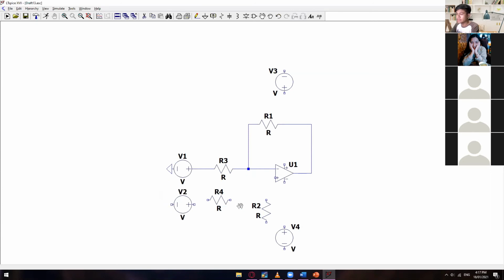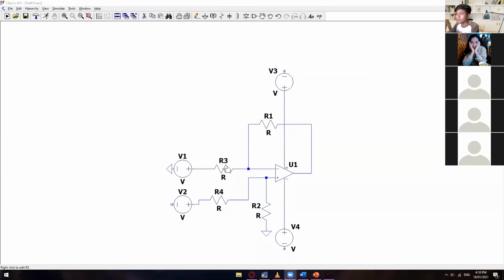And then for the second input, the non-inverting, we have here the reference voltage, which is also connected to ground. And then the other Rin, which is now connected to input number 2. So another wire here and another wire here.